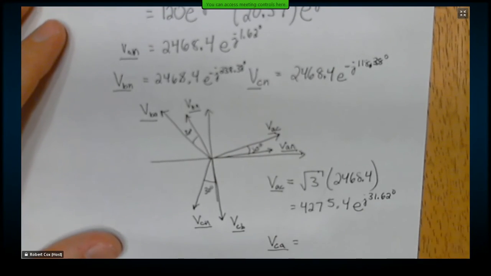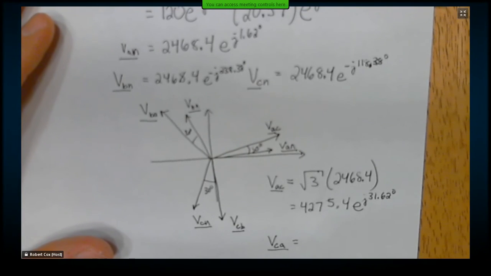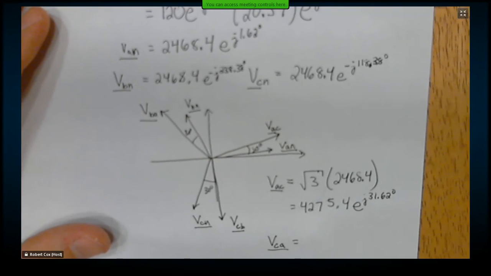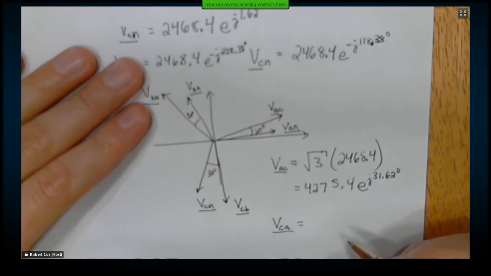Where is VCA going to be? VCA should be the opposite of this guy. What's opposite mean? It means subtract 180 degrees from this guy. So 31.62 minus 180 degrees is minus 148.38.